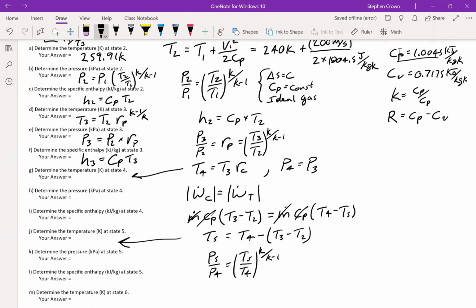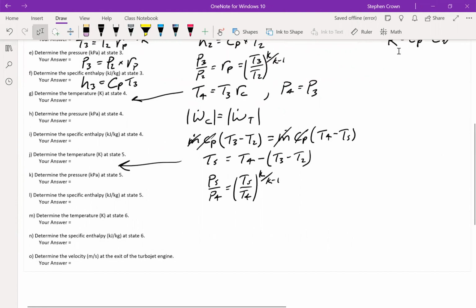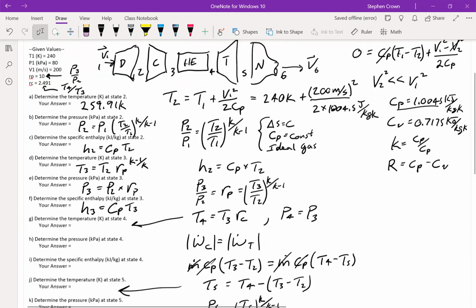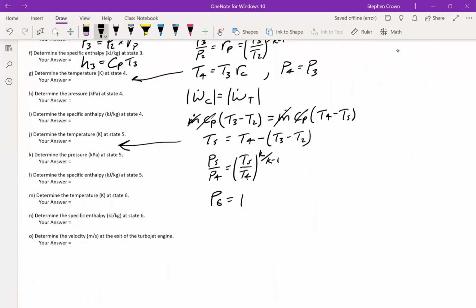And then finally, when we get to the end, we're trying to find the exit velocity. We have another isentropic process, 5 to 6, which is just the diffuser, so we'll use the same approach. We are making the assumption that P6 equals P1, so the pressure coming out at the exit is atmosphere.